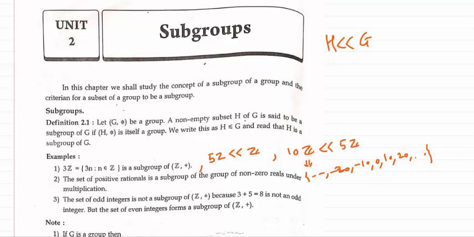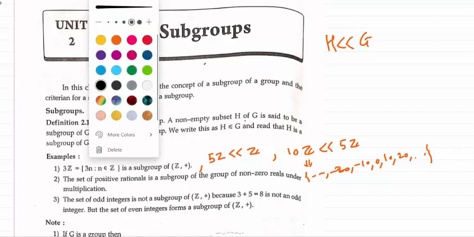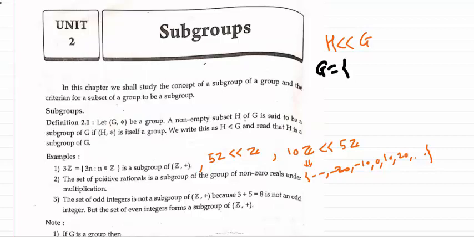Again, note that suppose G is a group containing the elements plus minus 1 and plus minus i, with the binary operation as multiplication.